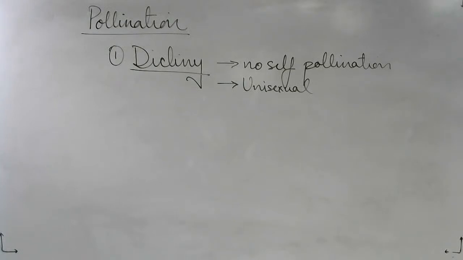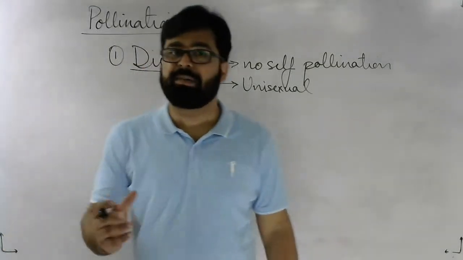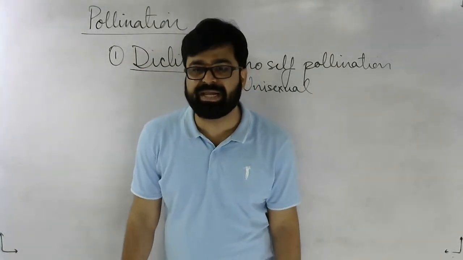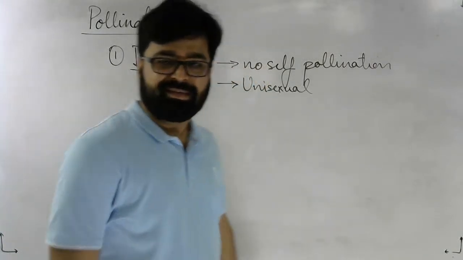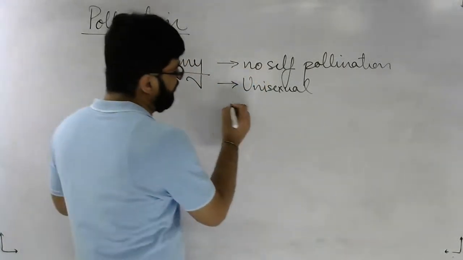Unisexual. All right. Absolutely right. Now, the examples of diclinism are mulberry and maize, right? Mulberry and maize. Yes, I need to do dangal.